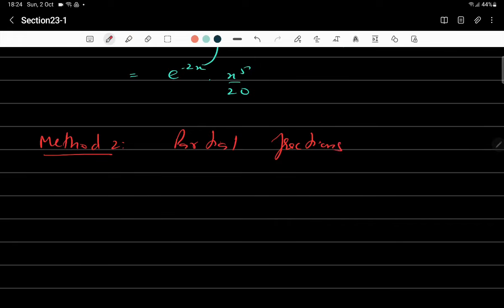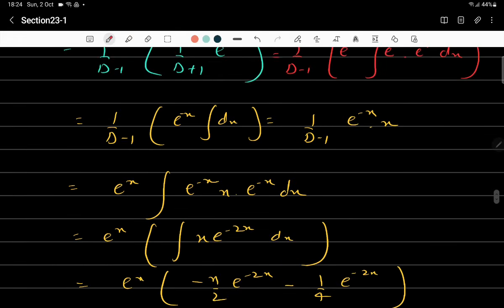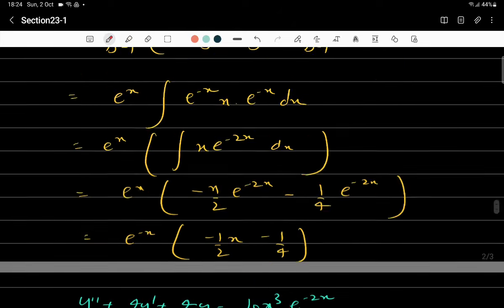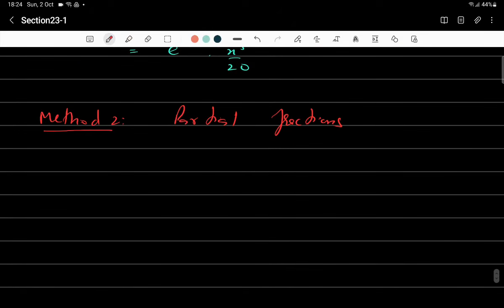So if you see the previous method and if you see this question 1 by D minus 1 D plus 1, you can simply write it in the form of the partial fraction. So sometimes partial fraction can solve the problem more quickly.